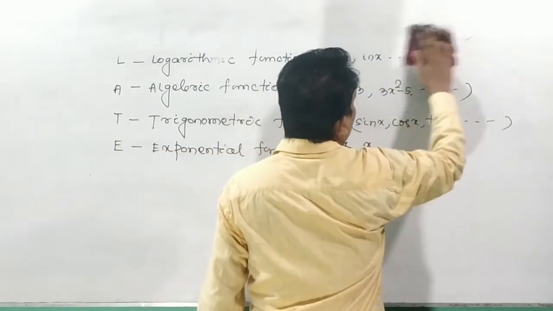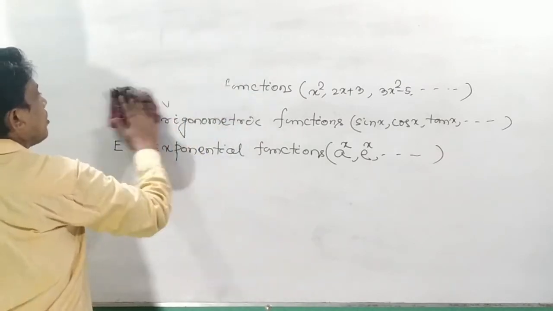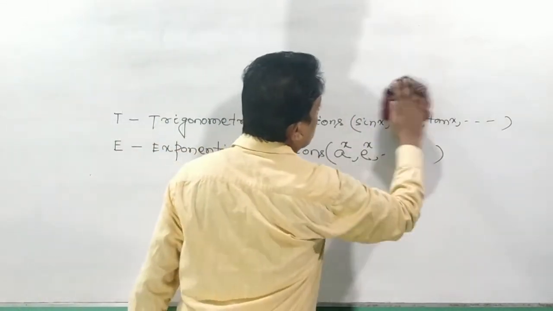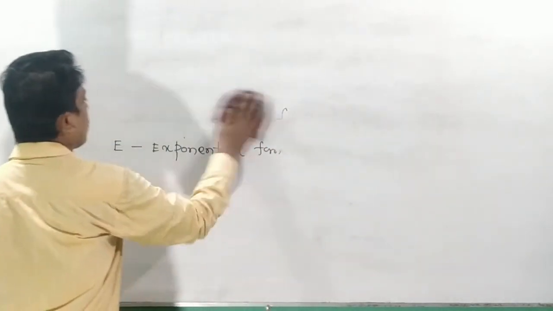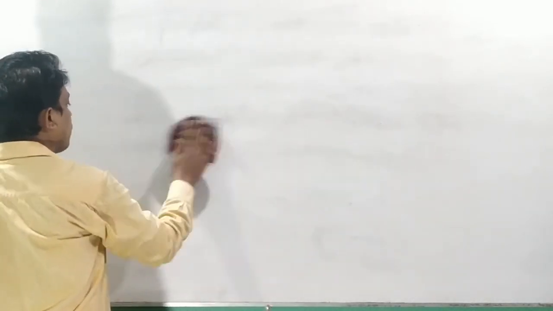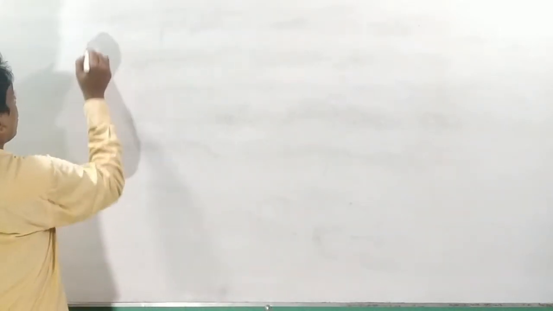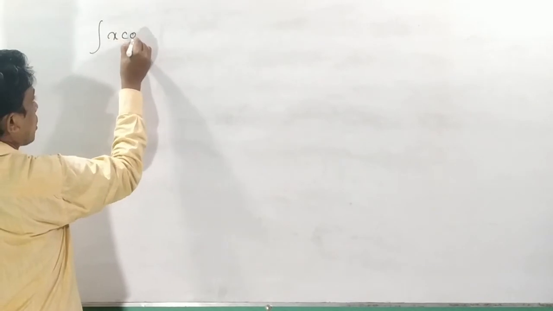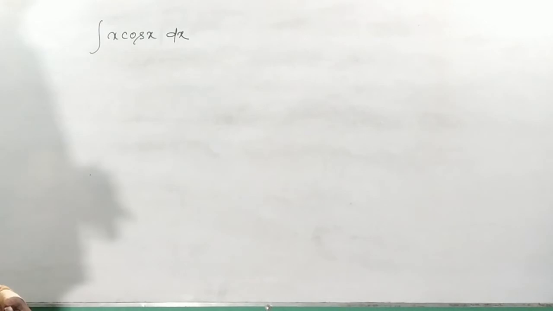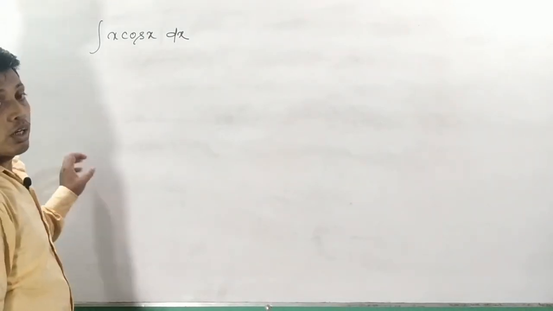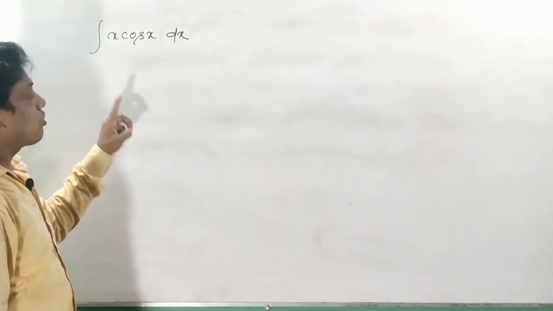So how can I choose the first function and second function, and how can I apply the by parts rule? Let us take an example. A very simple example is the integration of x cos x into dx. So what are the two functions now? x is a function and cos x is another function.